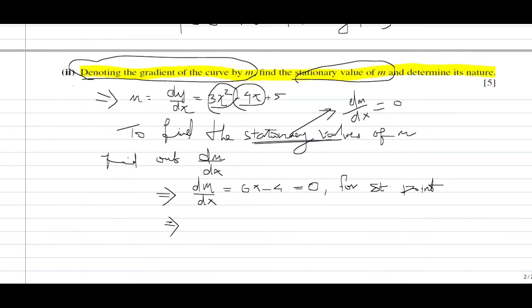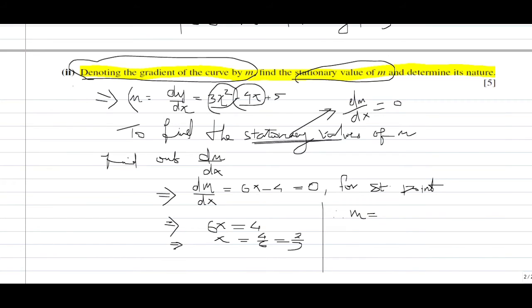So 6x is equal to 4, and x is equal to 4 divided by 6, which is 2 over 3.